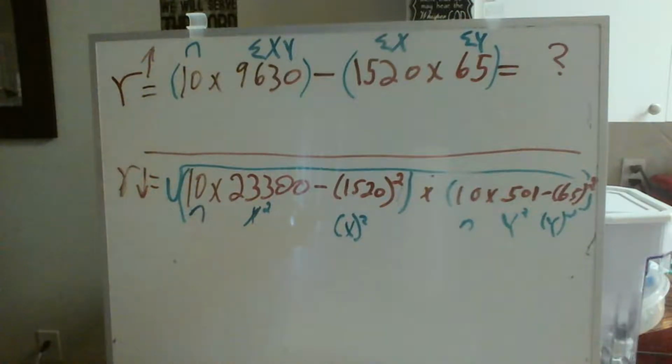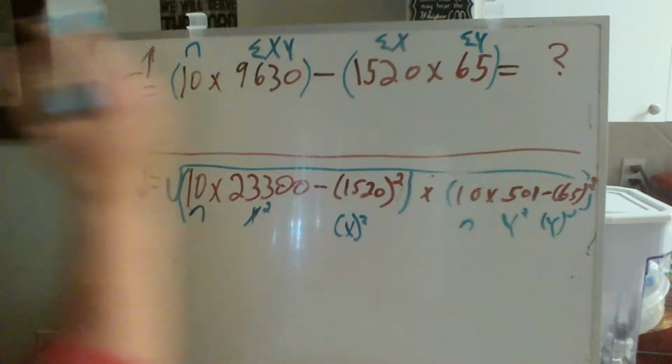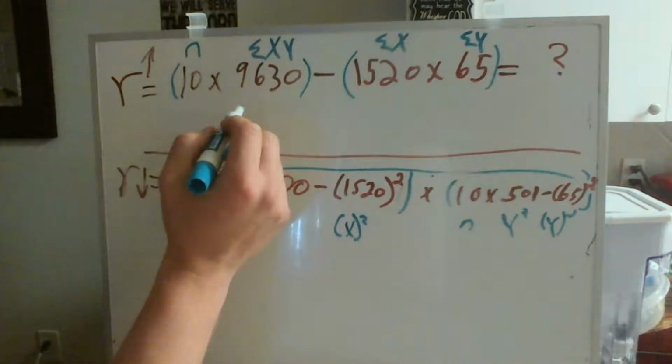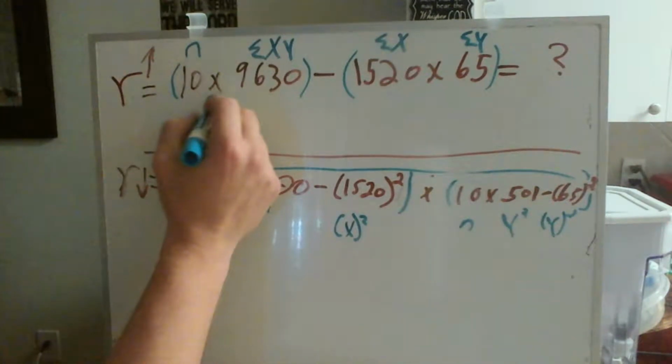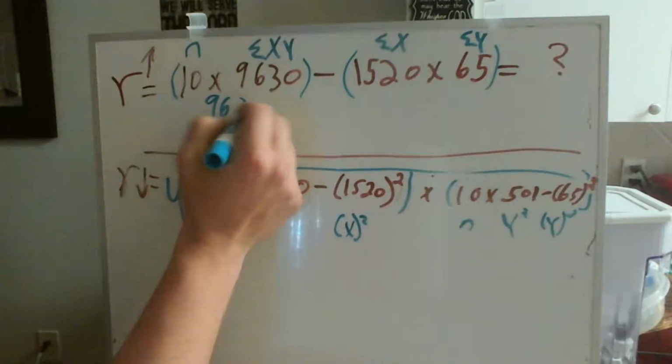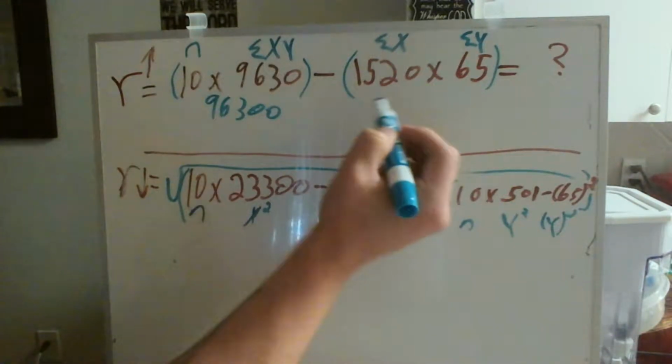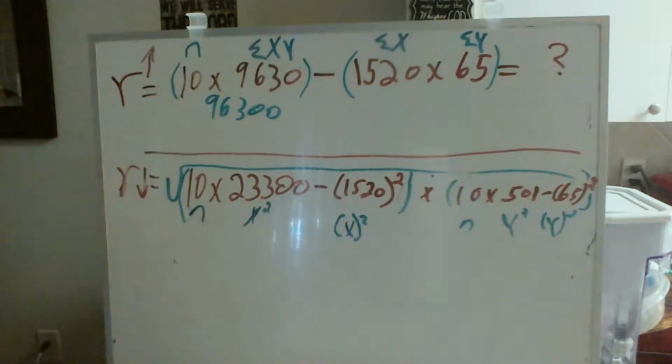So again, first things first, let's just read it from left to right and go with it. We got 10 times 9,630, so that's 96,300, right? Then let me make sure my math is done right. This one here, we got 1,520 times 65.